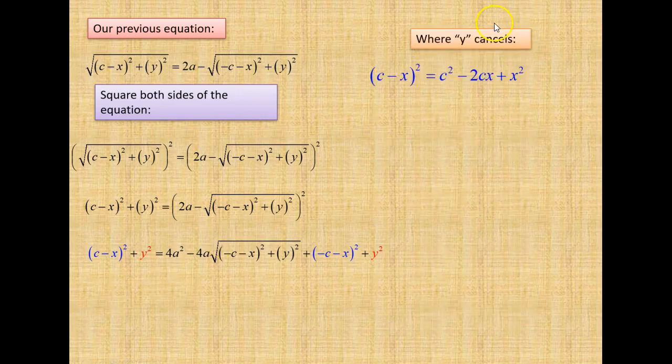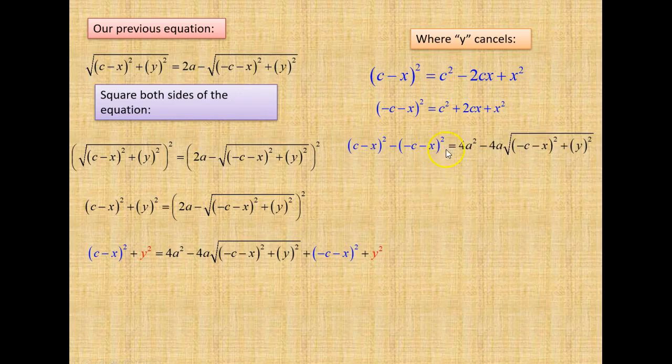So therefore, we'll take the (c minus x) and square it, and this is what we get: c squared minus 2cx plus x squared. And we take the (minus c minus x) and we square it, and we get c squared plus 2cx plus x squared.